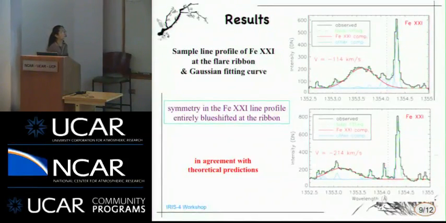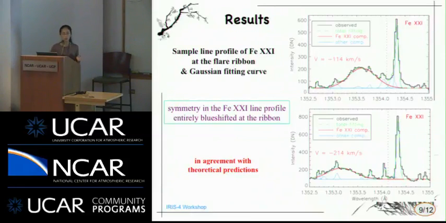Here are line profiles of iron-21 10 MK plasma at the flare ribbon pixels in the rise phase and at the flare peak time, respectively.